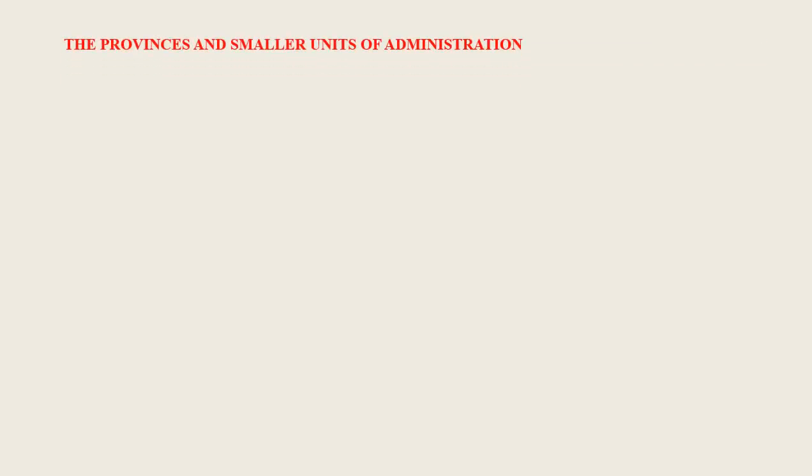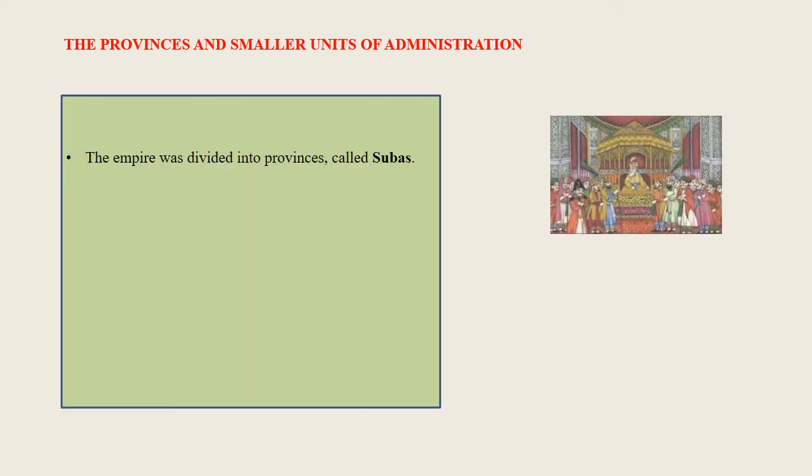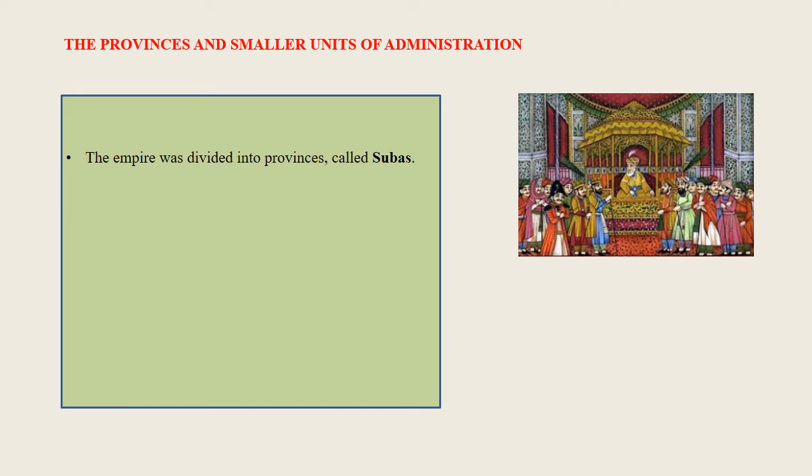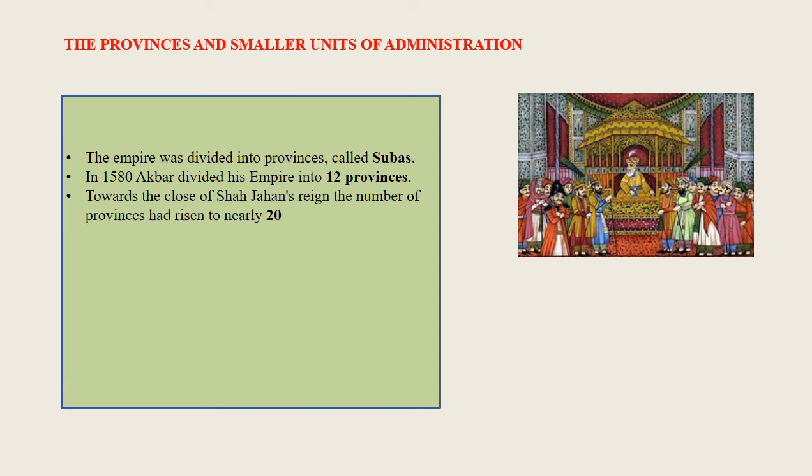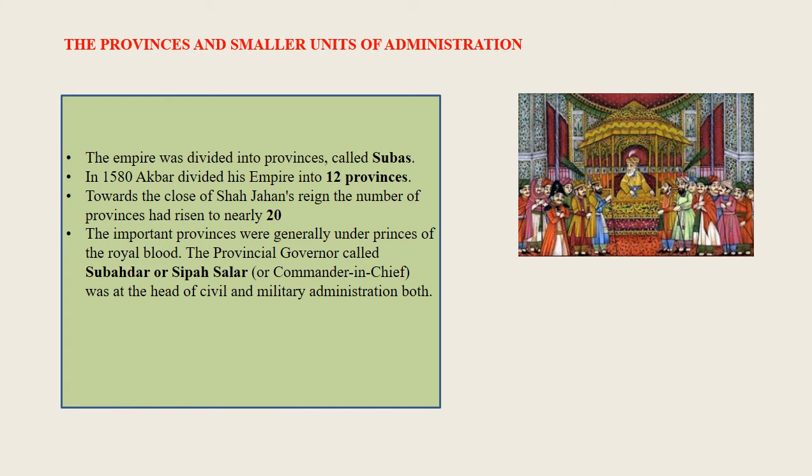The provinces and smaller units of administration. The empire was divided into provinces called subas. In 1580, Akbar divided his empire into 12 provinces. Towards the close of Shah Jahan's reign, the number of provinces had risen to nearly 20. The important provinces were generally under a prince of royal blood.